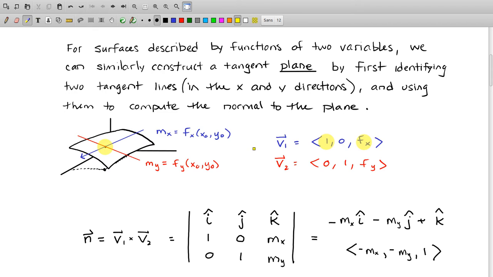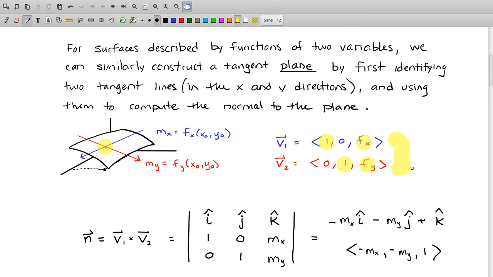Similarly, if we want a vector version of the tangent line in the y direction, right here, then actually that would be over here, since y is increasing. Then we could go over 1 in y, and we would go up or down by an amount equal to the derivative with respect to y. So this right here is a way to construct vector versions of both of those tangent lines.